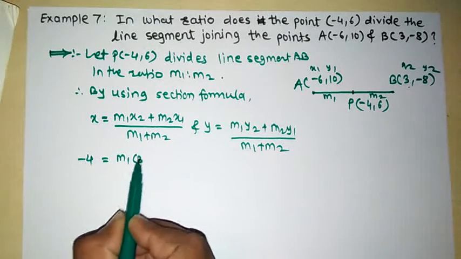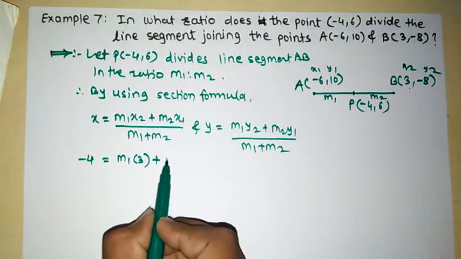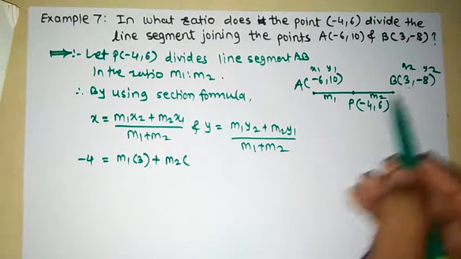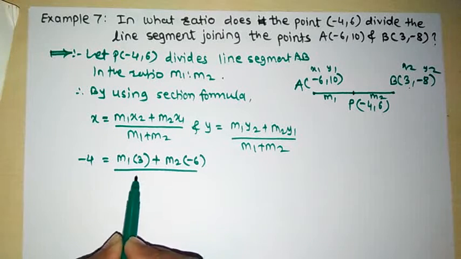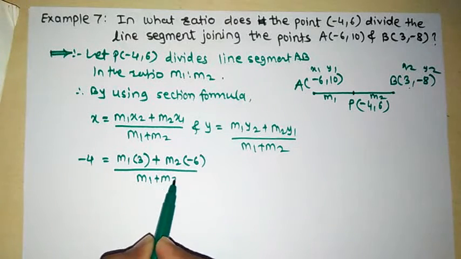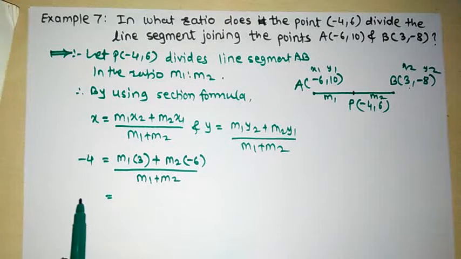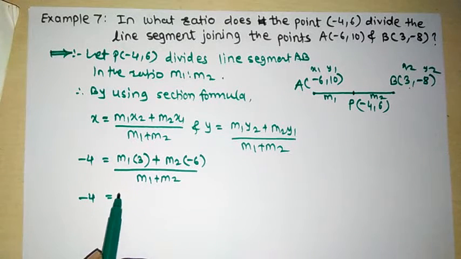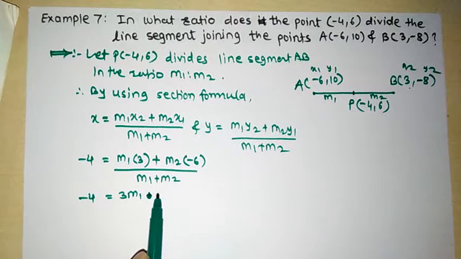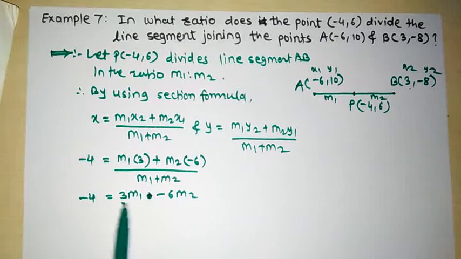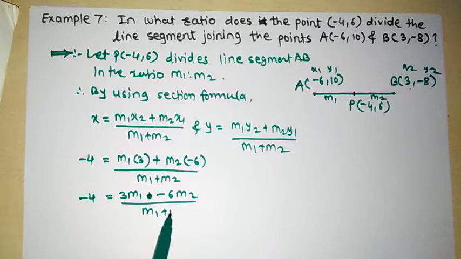Put here 3, M1 into 3 plus M2 we don't know, put as it is. X1, what is the value of x1? X1 is minus 6 divided by M1 plus M2 as it is, which is equal to minus 4 is equal to 3 into M1, that is 3 M1 plus here minus 6 M2 divided by M1 plus M2 as it is.